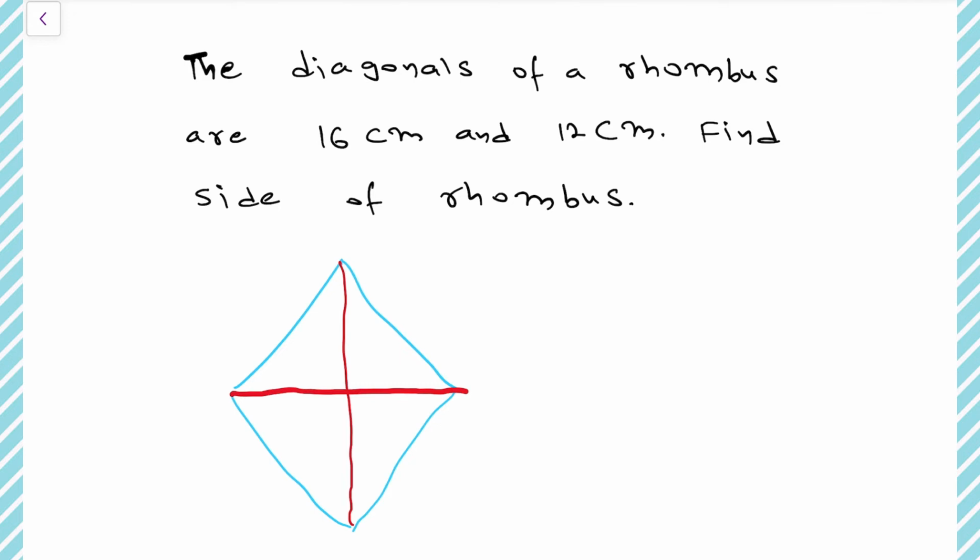Now, if we take this diagonal, this total diagonal is 16 centimeter, right? Then the upper part is 8 centimeter and the lower part is 8 centimeter. The same way, this total diagonal is 12 centimeter. Then this part will be 6 centimeter and this part will be 6 centimeter.